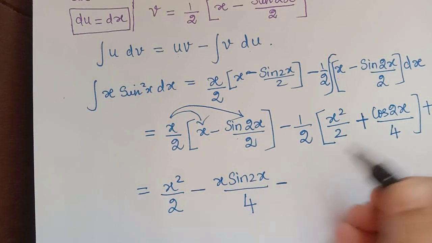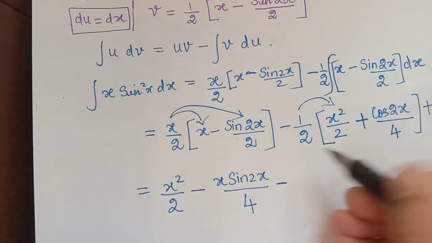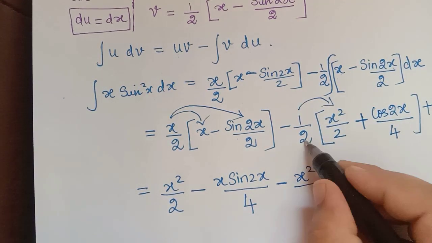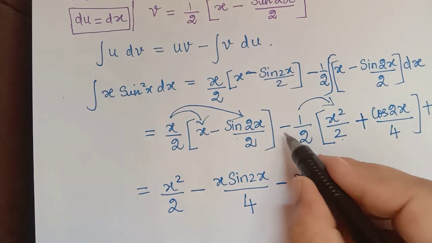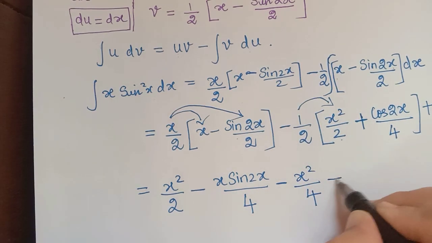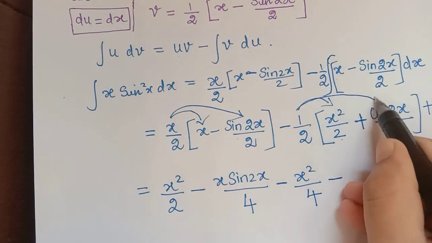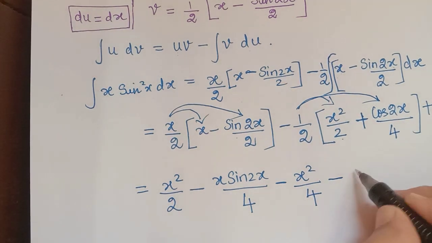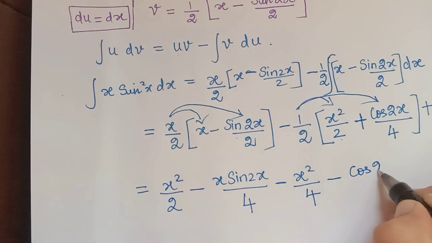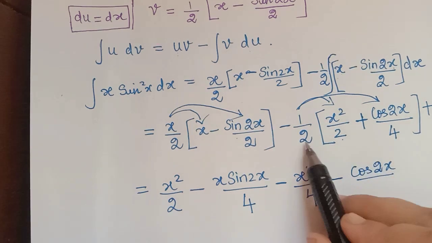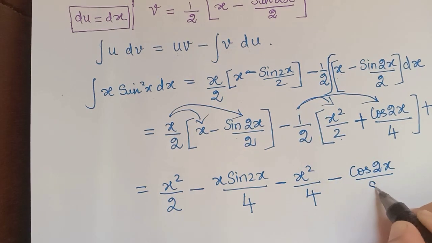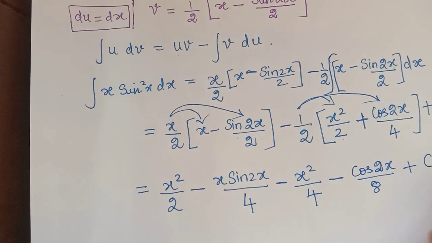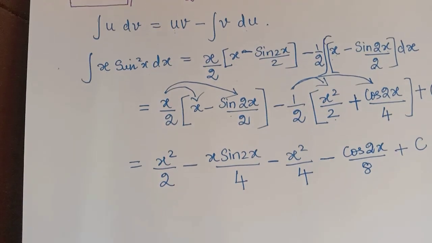And then minus 1 by 2 multiplied with x squared by 2 gives 4, and again minus into plus, so minus 1 by 2 gets multiplied with cos 2x divided by 4, so it becomes cos 2x divided by 8, plus c. So this is what we obtain here.